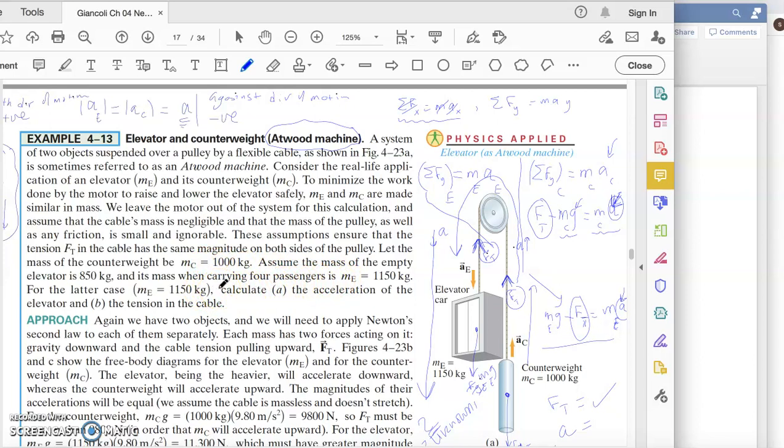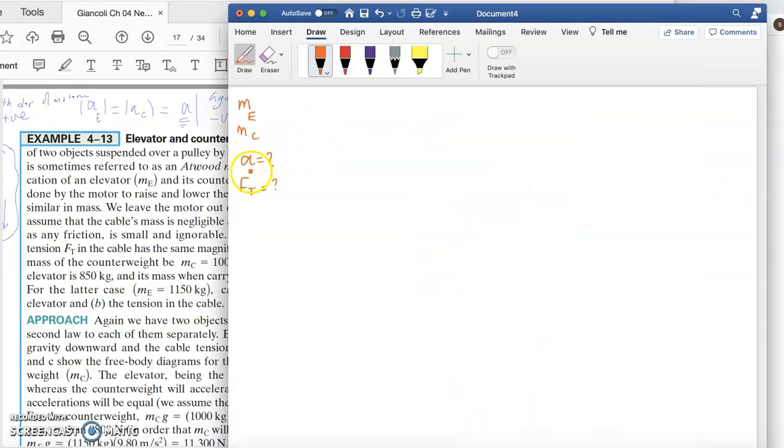There is nothing else in the problem except the masses of the objects, and we calculate the acceleration of the system, and the tension in the cable. Either we say the acceleration of the system or the acceleration of the elevator, it's the same. And the problem is like that.